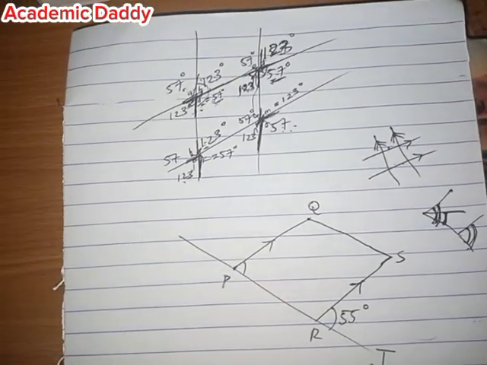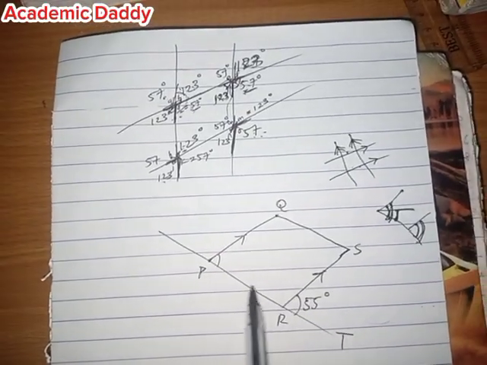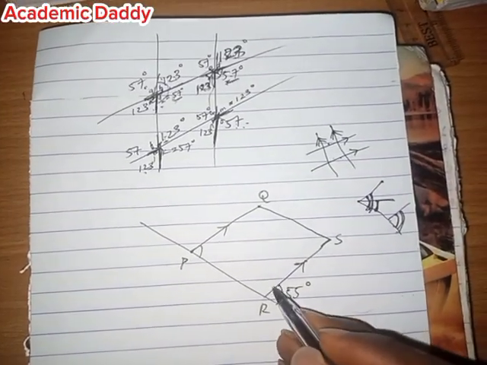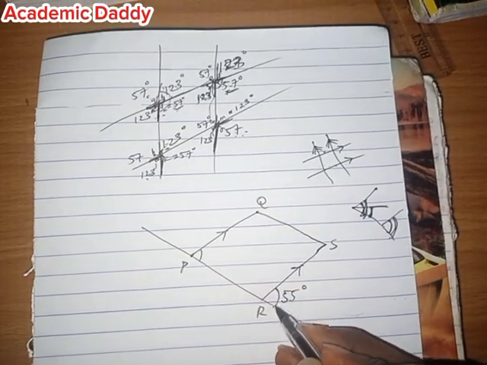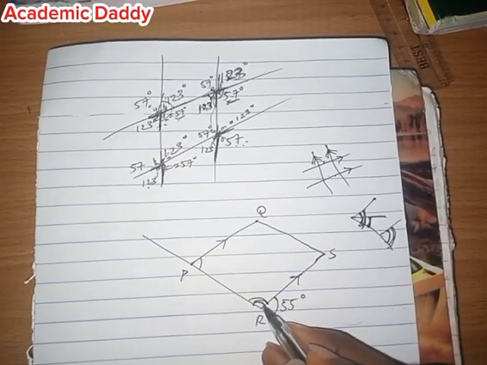So now in this question, they are asking us in this figure to find the missing angles. So let's say we know that this angle and this angle are the same.